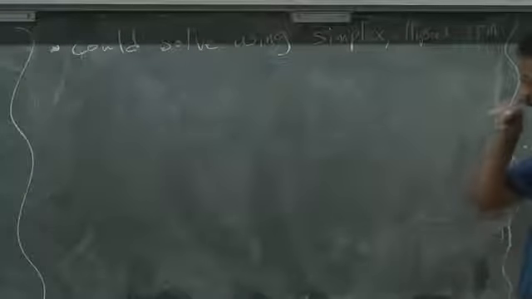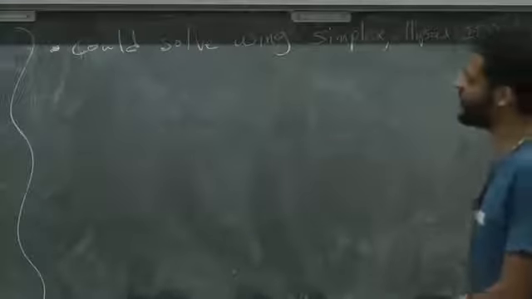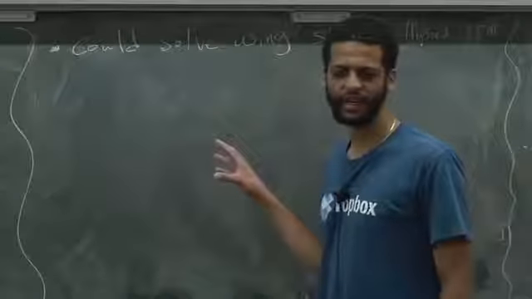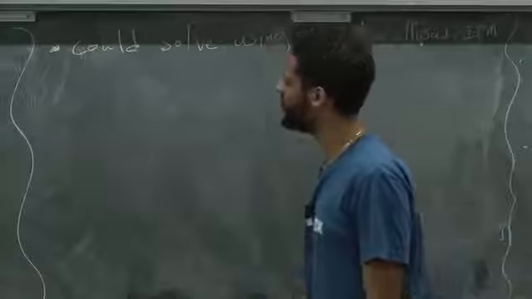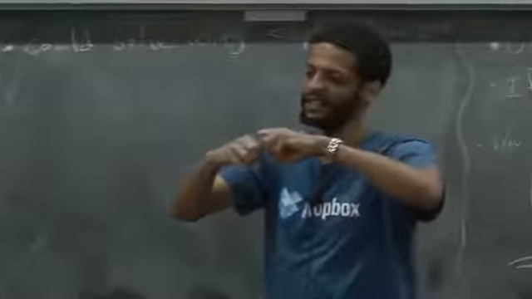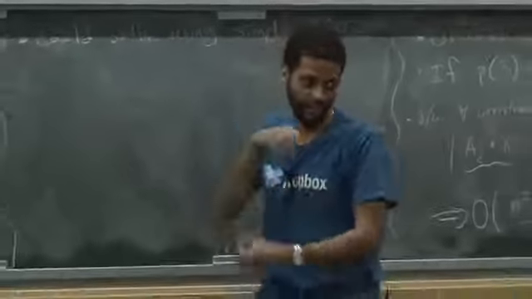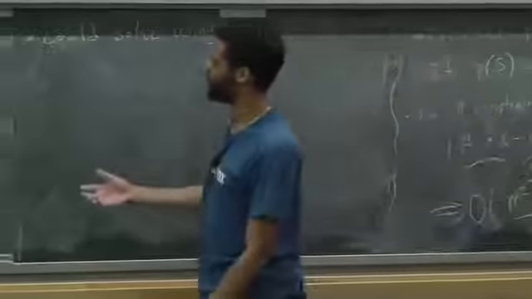Ellipsoid will run in polynomial time. It will also depend on, I didn't write explicitly what you get at the end of the day, but remember that you start with some ellipsoid containing it, and then you keep shrinking the volume of this ellipsoid over various iterations. The number of iterations you need will depend on precision issues.